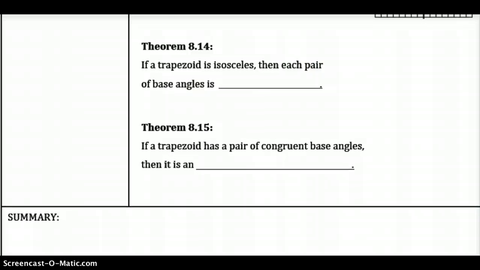A couple of theorems. If a trapezoid is isosceles, then each pair of base angles is congruent.